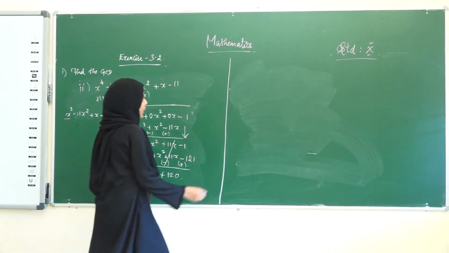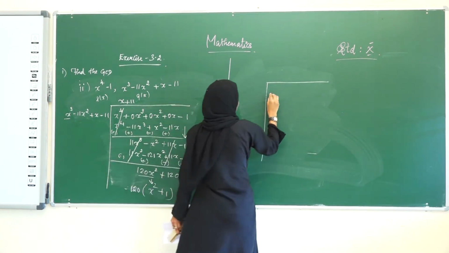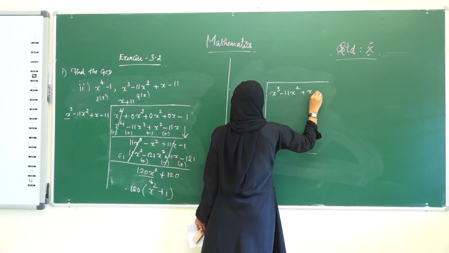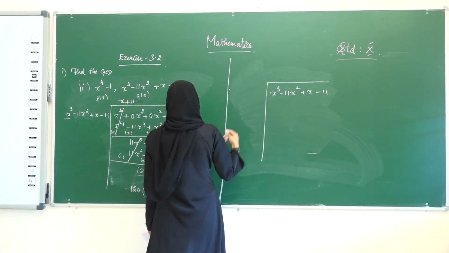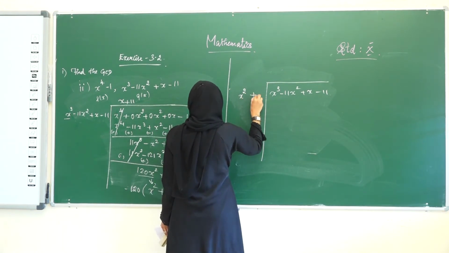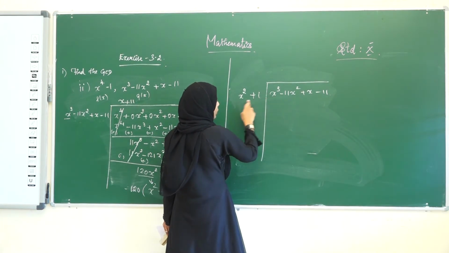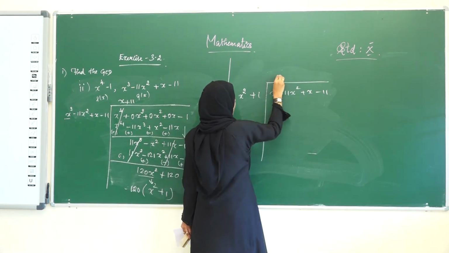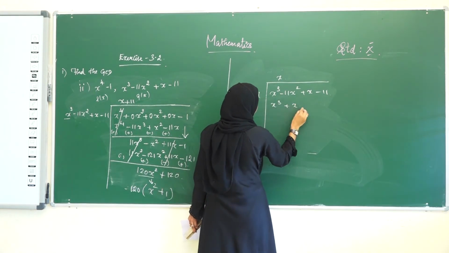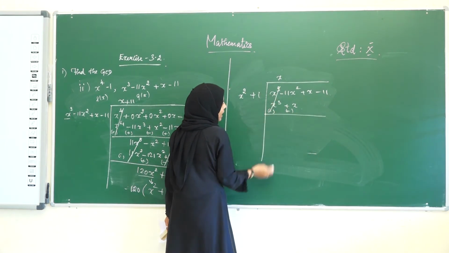So next what we are going to do, we are going to divide this term, that is x cube minus 11x square plus x minus 11 with this term. What's the thing given here? x square plus 1. Okay, see, consider the first term, here it is x cube and here it is x square, therefore we can multiply it by x, therefore x cube plus x. Change the symbol, here it is minus, we get this term cancelled.